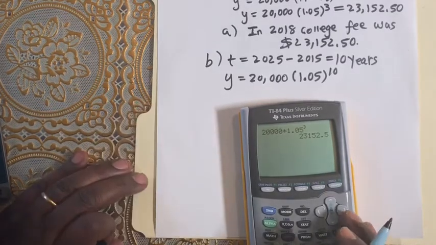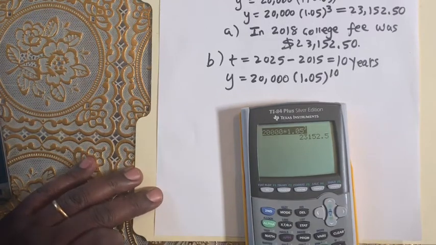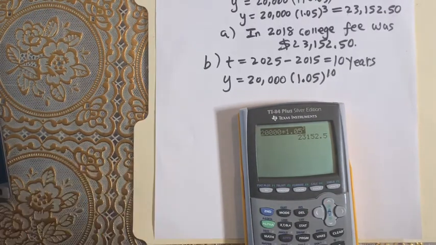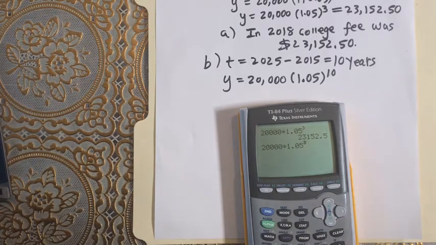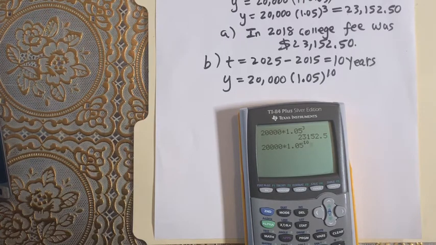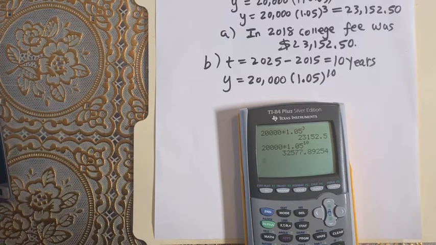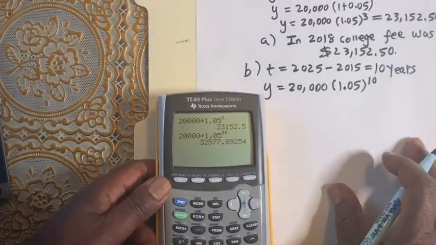So what we do is, sometimes if you want to reuse the original keyed amount in the calculator, we can go back with the upward arrow and then enter. So I can go back and replace this 3 by 10. This will give the answer for 2025, how much college fee would be.